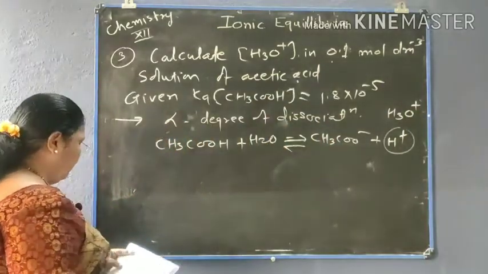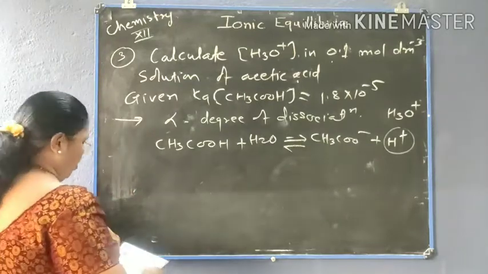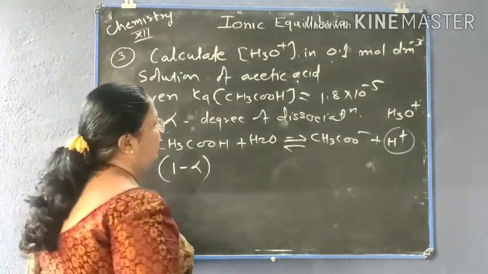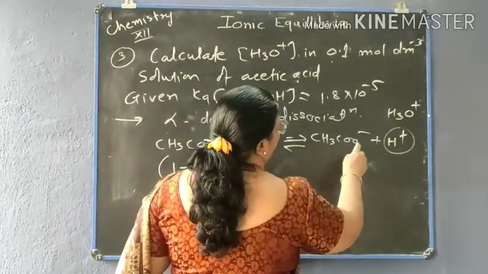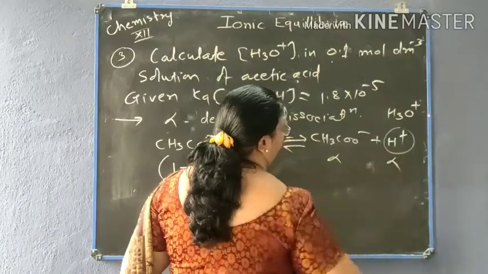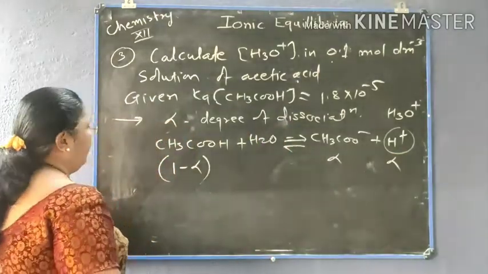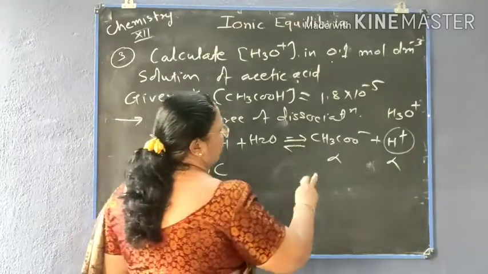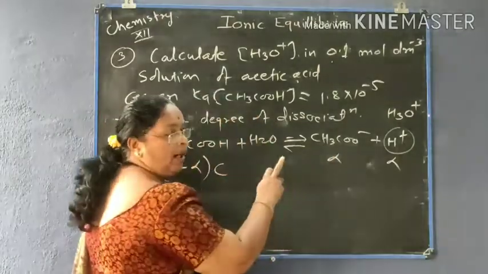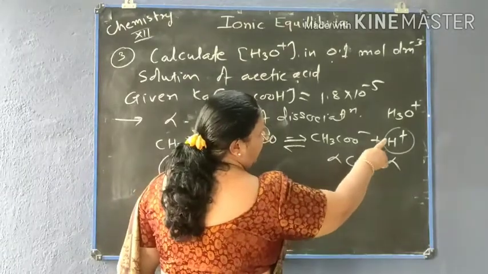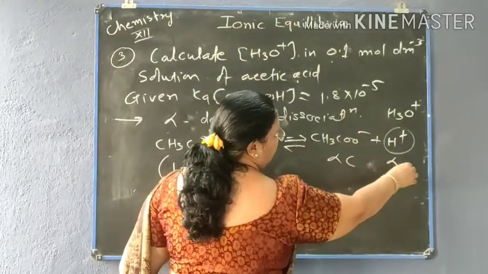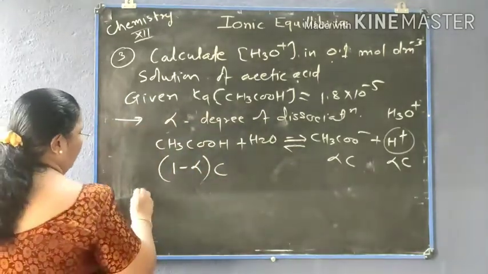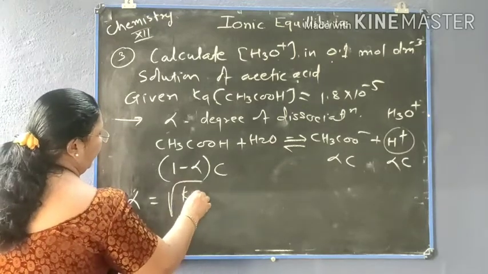After dissociation, the concentration of acetic acid is considered as 1 minus alpha, and the concentration of CH3COO minus is alpha, and here alpha. The equilibrium concentration is 1 minus alpha into C. The equilibrium concentration for acetate ions is alpha into C, and for H3O plus it is alpha into C.